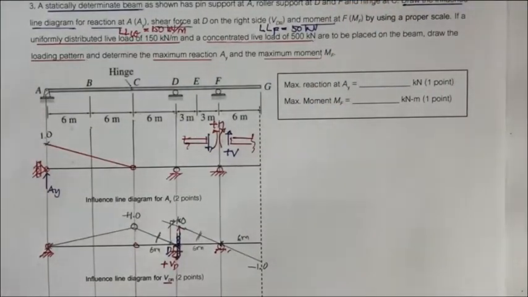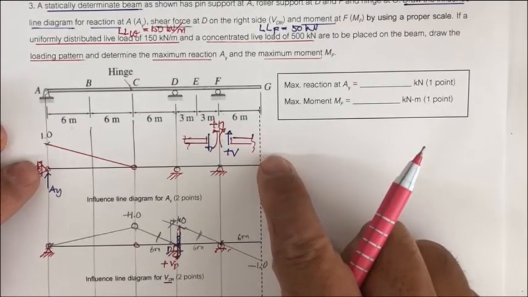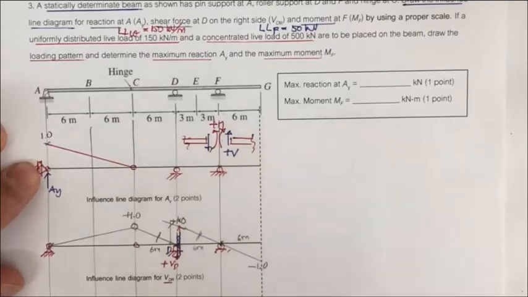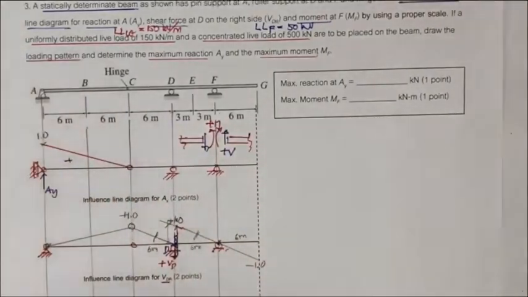And when you put this live load, you're going to find the loading pattern, you have to consider the area. Okay, this influence line of A sub y has the positive area.